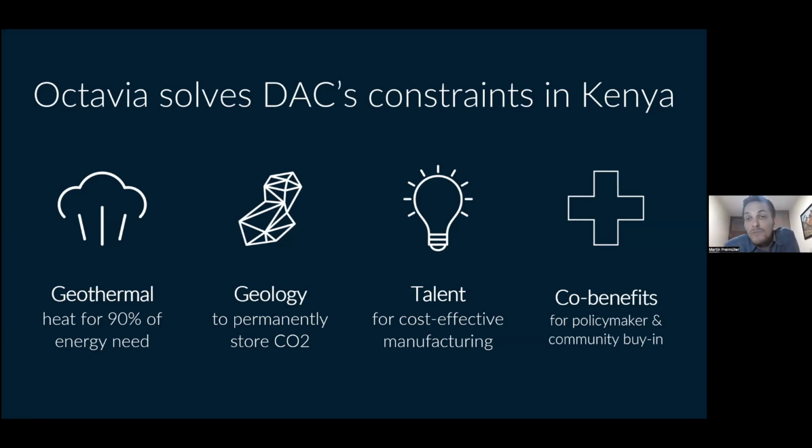And then finally, one crucial differentiator of building out DAC in Kenya versus elsewhere is that DAC in Kenya can have very strong co-benefits. Alongside having climate benefit, we can also have development impact. That is really important for policymaker buy-in.